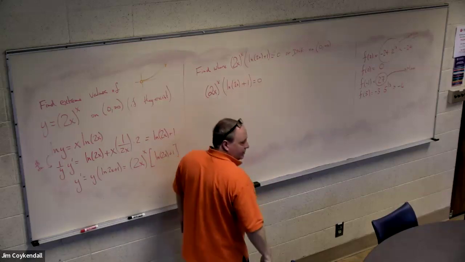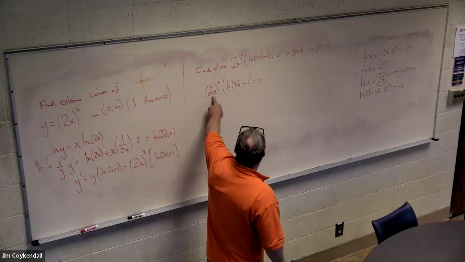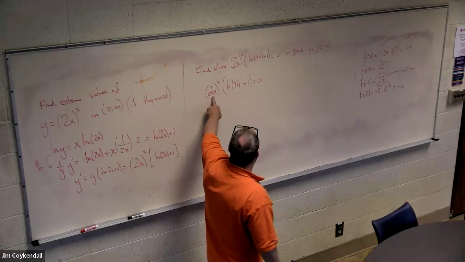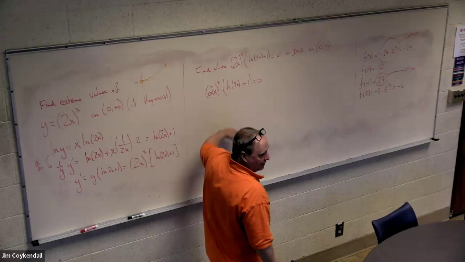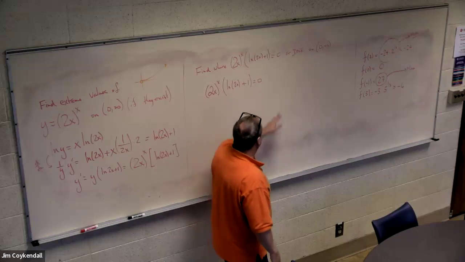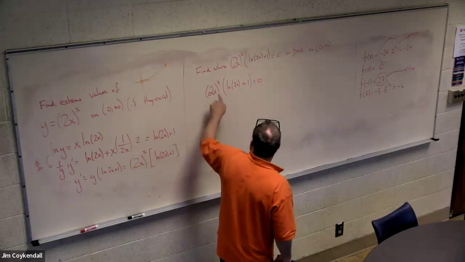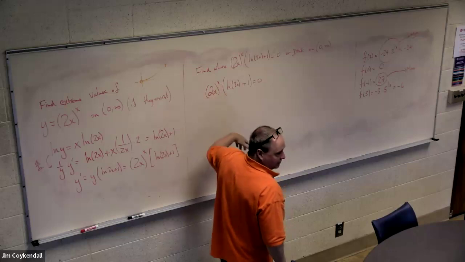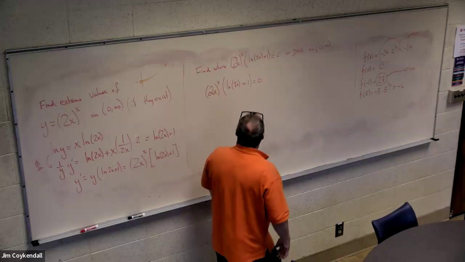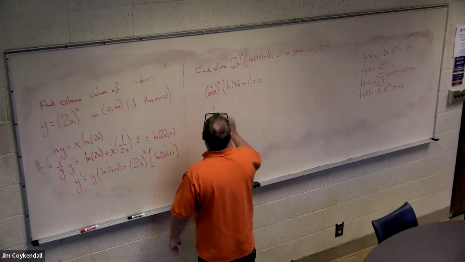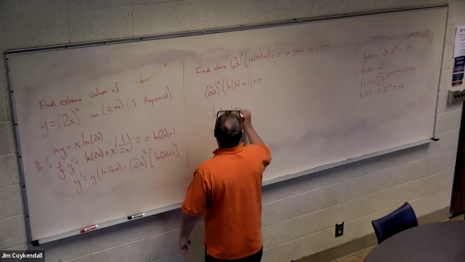Well, this piece can never be 0 either. You never take some number x, double it, and raise it to that power and get 0. That's impossible, because you will have a positive power of a positive number. So it's the other term that must be 0.